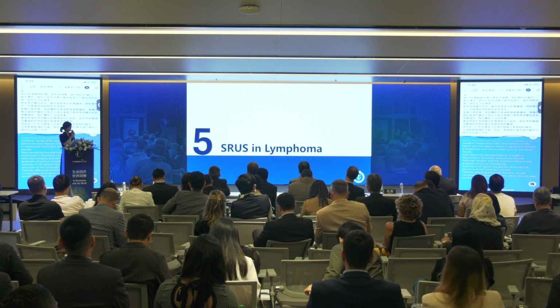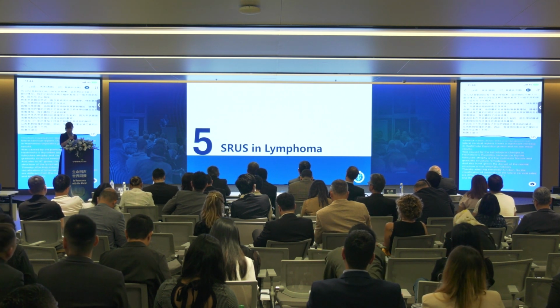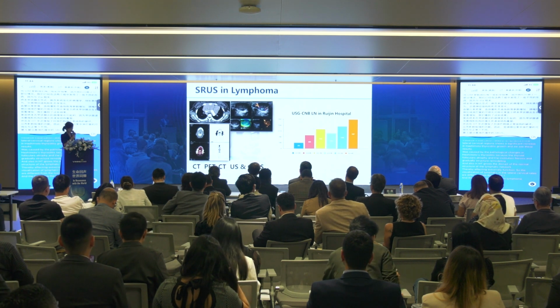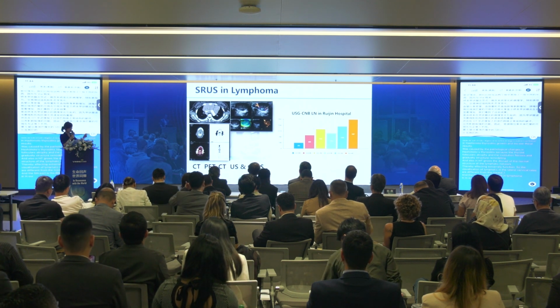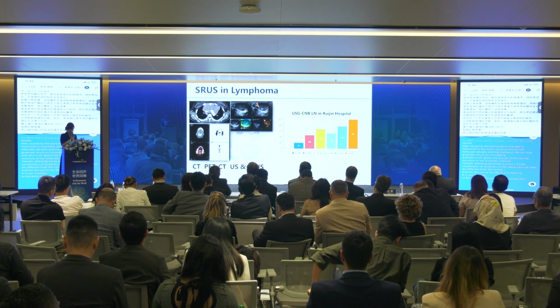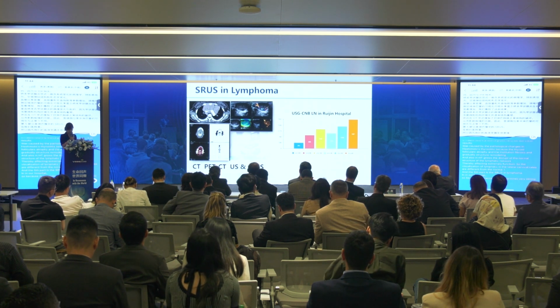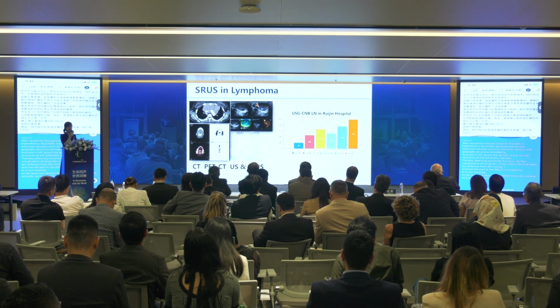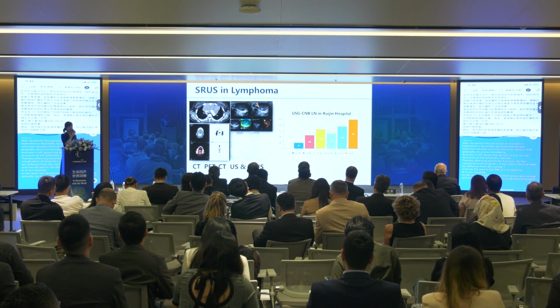And the fifth part is SRUS in lymphoma. In our hospital, because our hematology department is very strong, annually we have 1,500 cases of ultrasound-guided core needle biopsy of lymphoma.